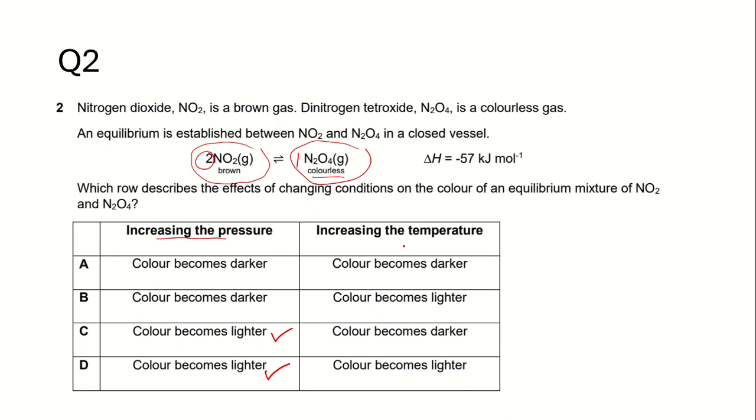Now let's look at the other condition, increasing the temperature. Increasing the temperature, we need to look at the delta H of this reaction. It is given here, negative means exothermic. Forward reaction is exothermic. So increasing the temperature will always favor the endothermic direction.